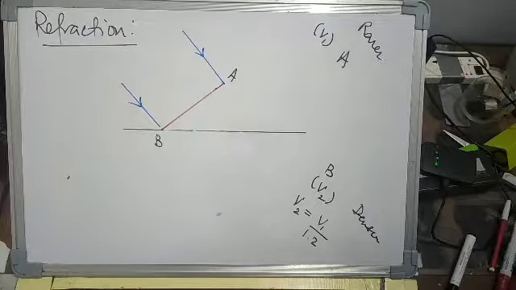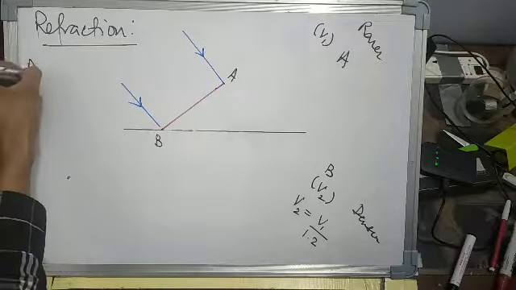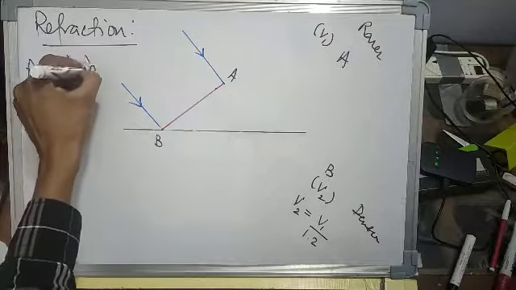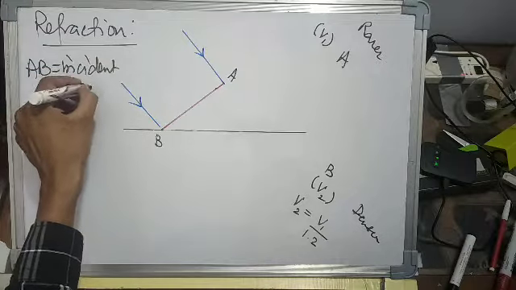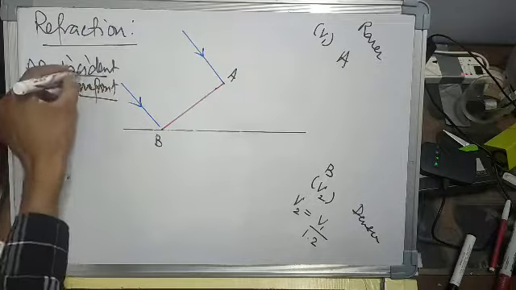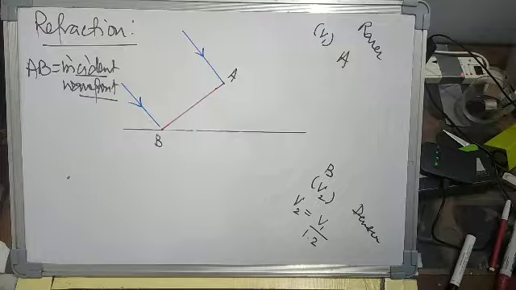Now we have to draw the refracted wavefront. AB is the incident wavefront. It's quite simple.